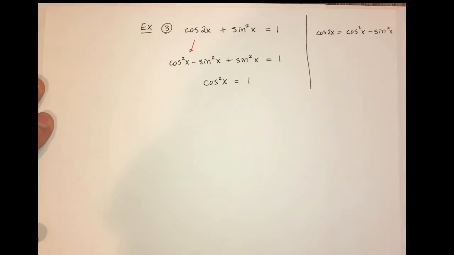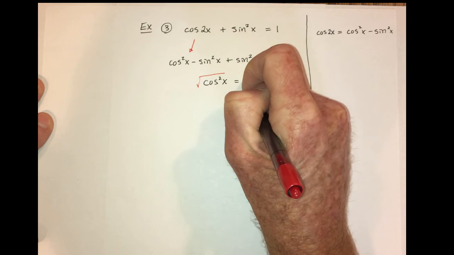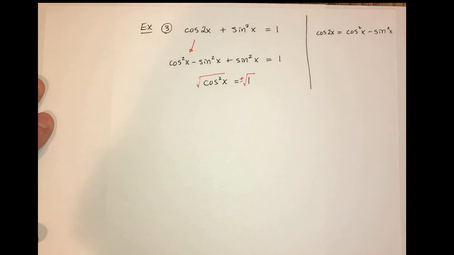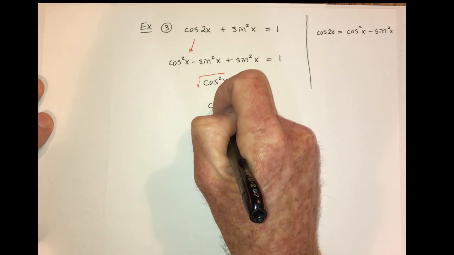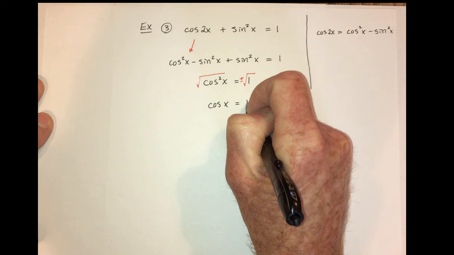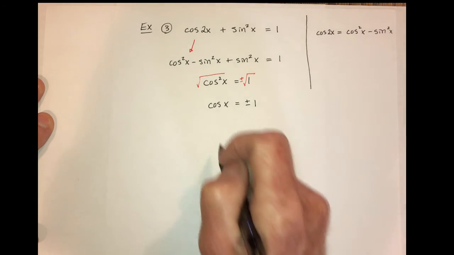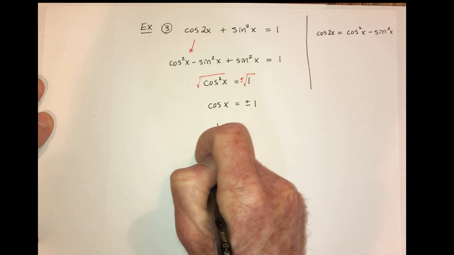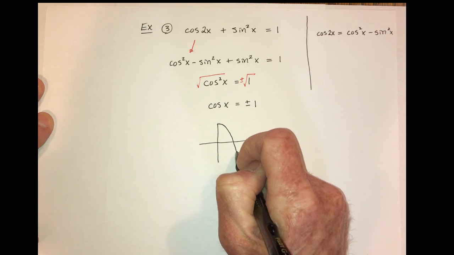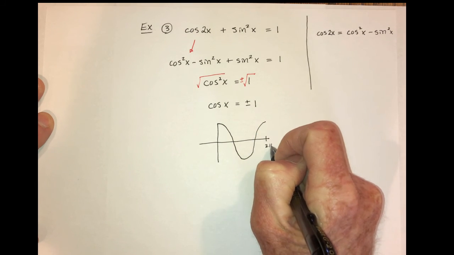Now to get rid of the square, take square root of both sides. And when you do, there's 2 answers, plus or minus the square root of 1. So then it says, when does cosine equal either positive or negative 1? And I believe I could do that without a calculator. So here's the graph of cosine.